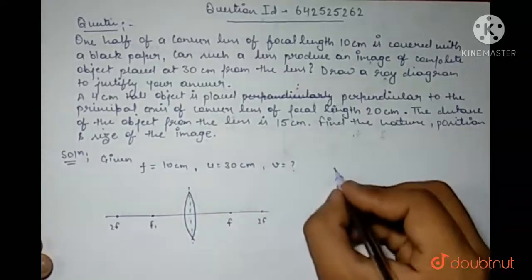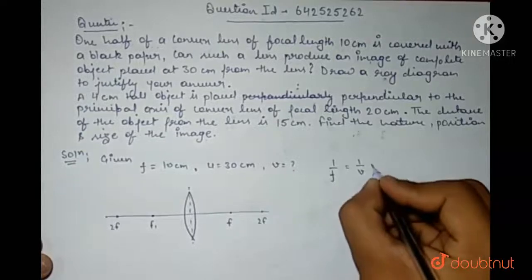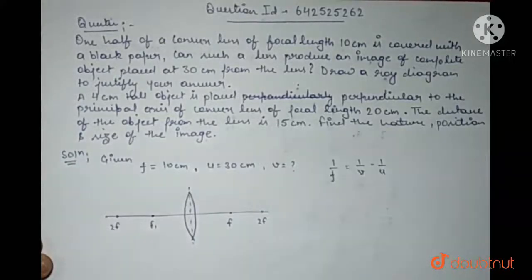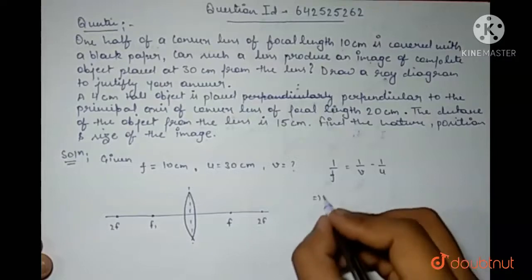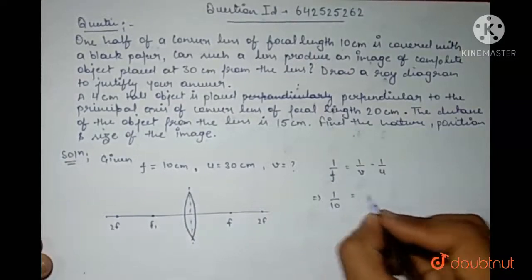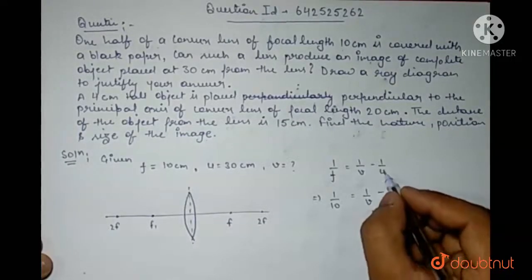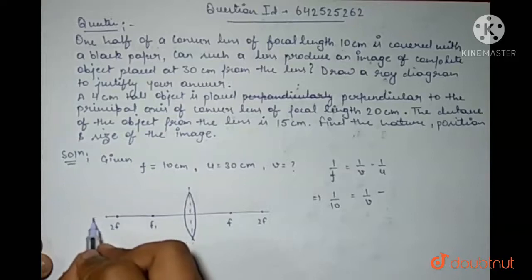So I am using a lens formula here, 1 upon f equals 1 upon v minus 1 upon u. Given the focal length of a convex lens is positive, so 1 by 10, 1 by v I have to calculate. But as you see, the object is here.